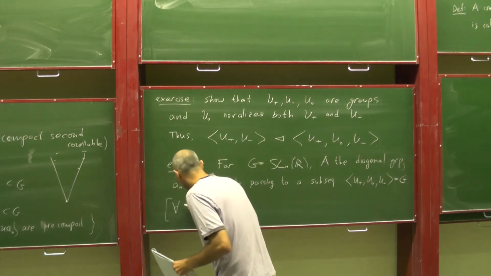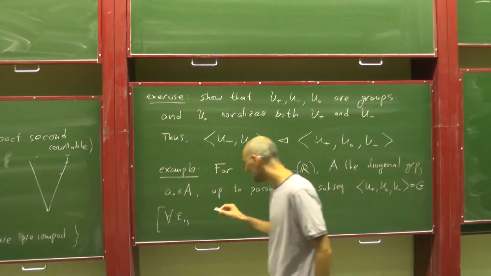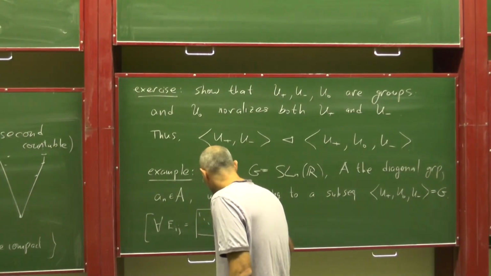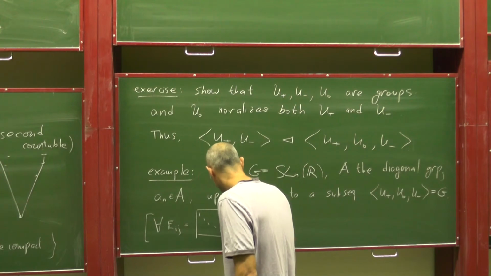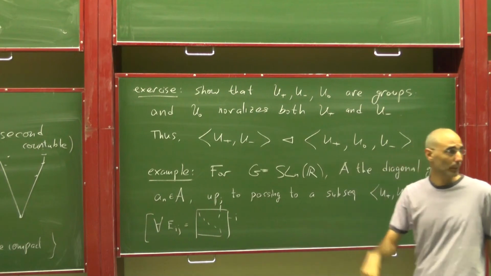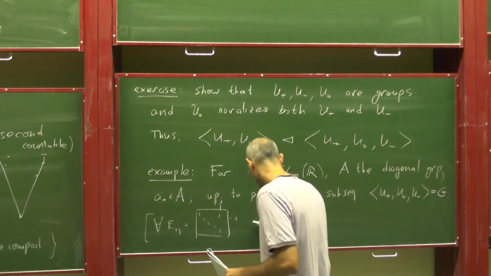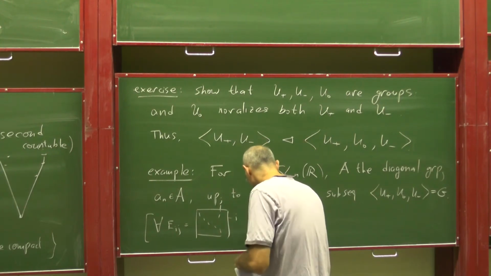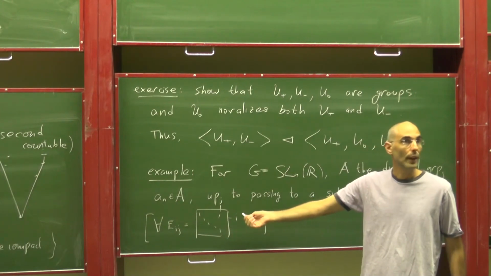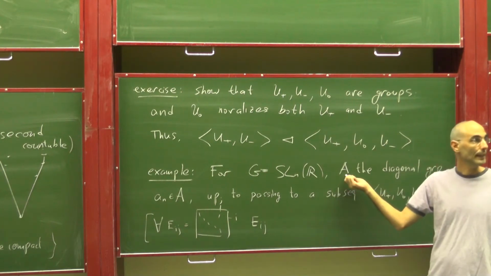For every E_ij, such a matrix, an elementary matrix, think about what happens to this E_ij when you conjugate it by a sequence of a's.